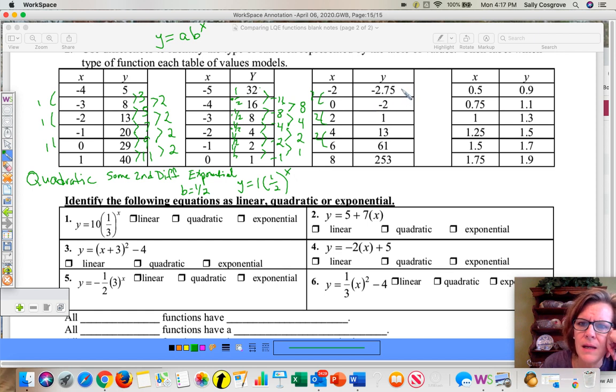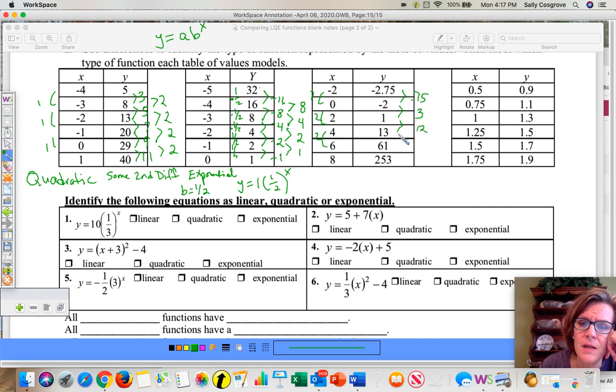Well, from negative 2.75 to negative 2, that's an increase of 0.75. From negative 2 to 1, that's an increase of 3. From 1 to 13, that's an increase of 12.